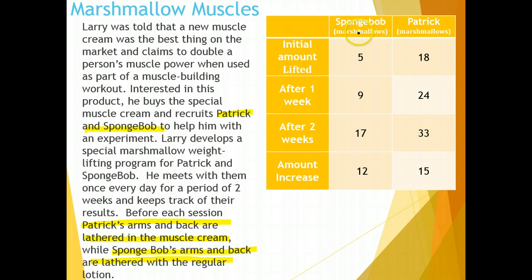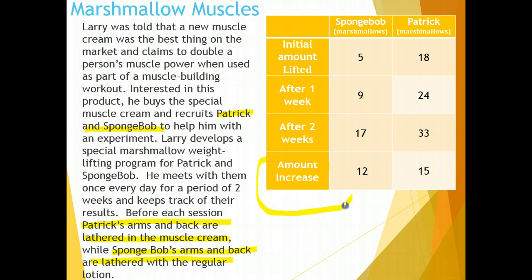SpongeBob, who got the regular lotion, could lift 5 marshmallows at the beginning. After 1 week, he could lift 9, and after 2 weeks, he could lift 17. Patrick, being lathered with the special muscle cream, could lift 18 marshmallows at the beginning. After 1 week, he could lift 24, and after 2 weeks, he could lift 33.